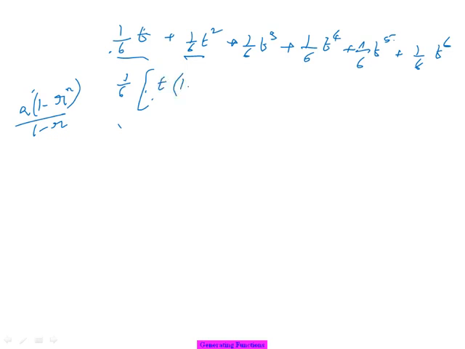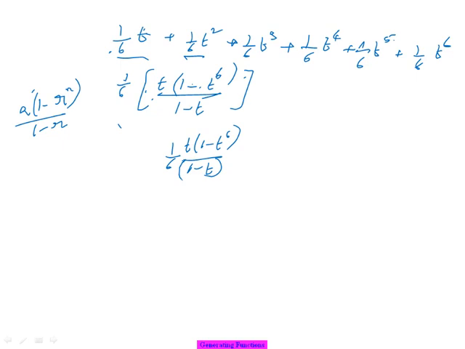into 1 minus r, where r is the ratio between the second term and the first term, t square by t, which is again t, 1 minus r to the power n, here it is 6, divided by 1 minus r. So this is my probability generating function: 1 by 6 t into 1 minus t power 6 divided by 1 minus t.